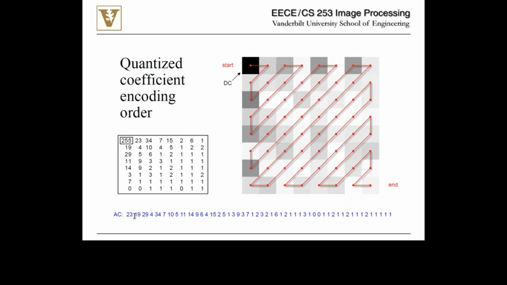So we compute, I will not send you these numbers, but the difference with the previous one. So 23 minus 4, plus 10 minus 25, and so on. So I have to send all these positive and negative numbers.